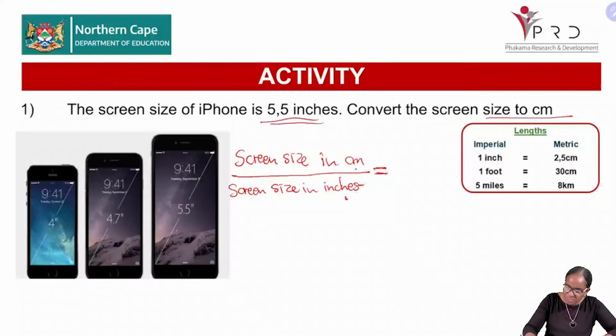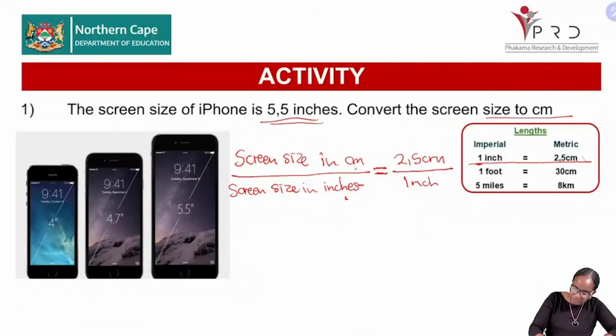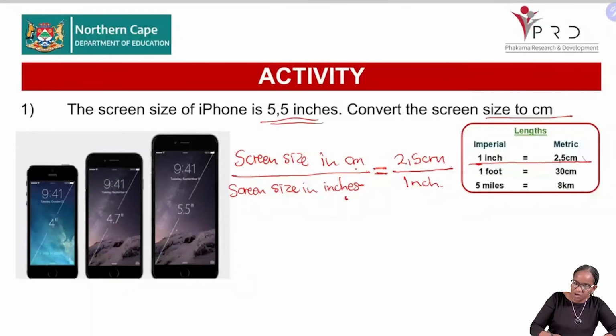So we come to this conversion. So centimeters will be 2.5 centimeters, and in inches, it's 1 inch. Then we work it out as this.